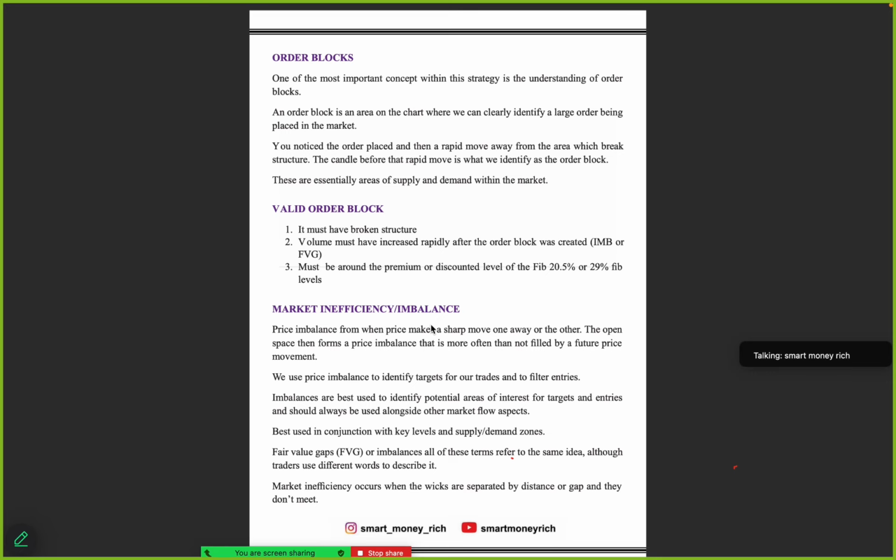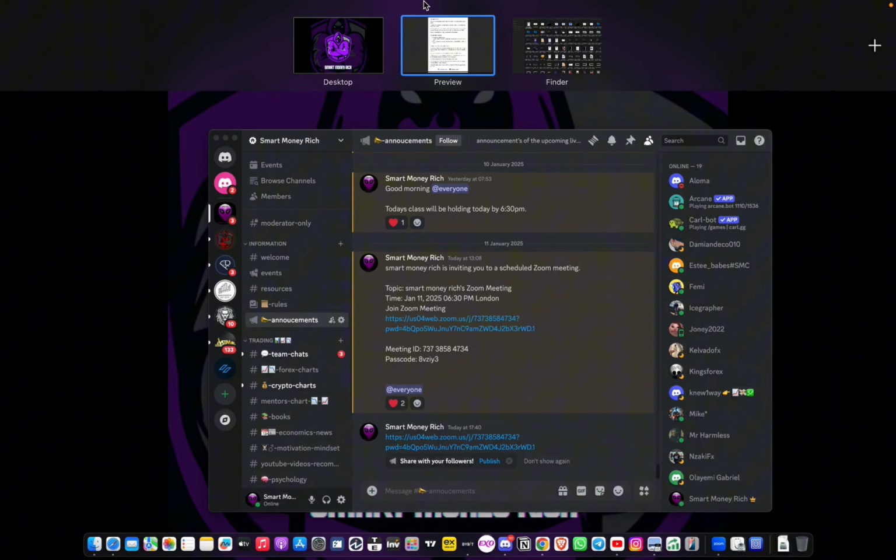They all mean that rapid movement away from the order block, away from the supply or the demand. That impulsive movement is what creates inefficiency. That's what creates imbalance.